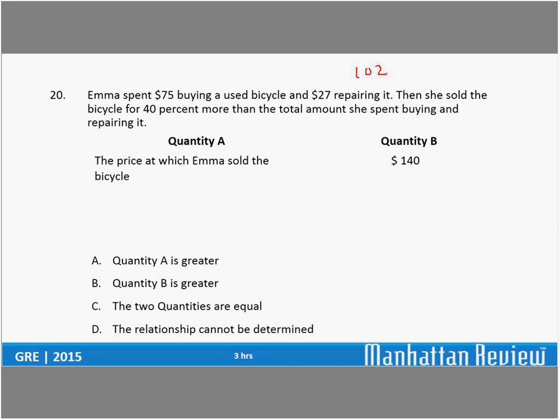40% of 82 means, when I say 40%, you can straight away write it as into 1.4. How? Because 40% would be 140 out of 100, right? Instead, I'm selling it for 140.